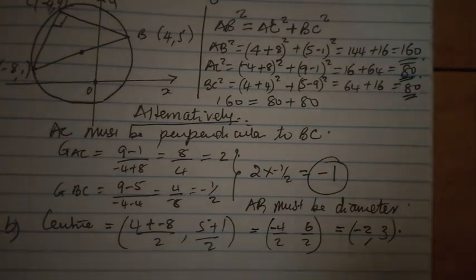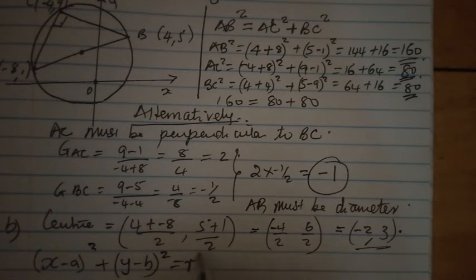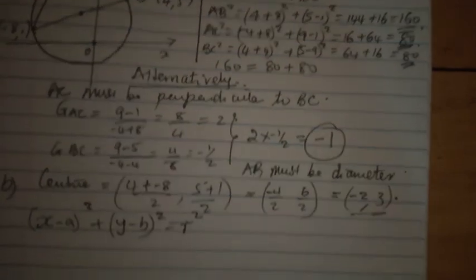You realize that this is (-2, 3), and that is the coordinates of the center. The general equation of the circle is (x minus a) squared plus (y minus b) squared equals r squared, where a and b are the coordinates of the center, which we already have.